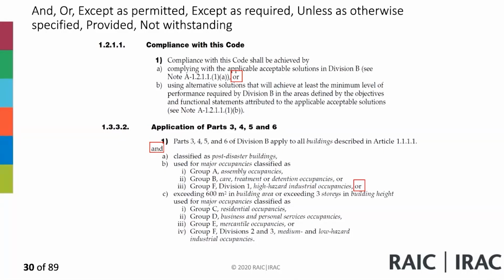So in this case, the and tells us all the buildings in Article 1.1.1.1. This is all the new construction, renovation, and reconstruction of buildings, and buildings that are classified as post-disaster, used for major occupancies, or buildings that are exceeding 600 square meters or exceeding 3 stories. So you see the combination of and and or.